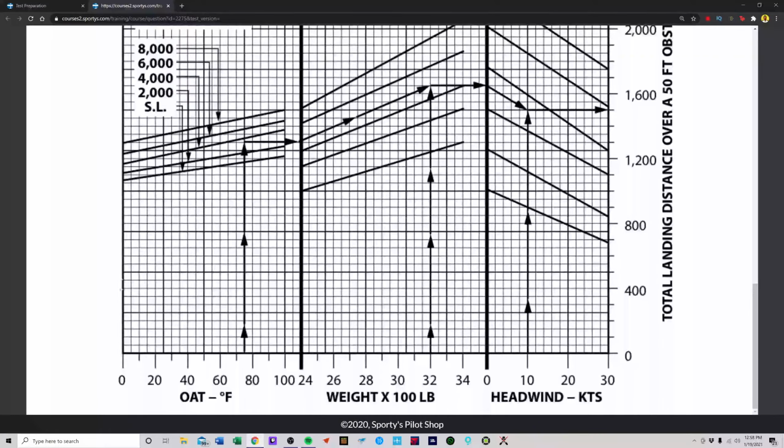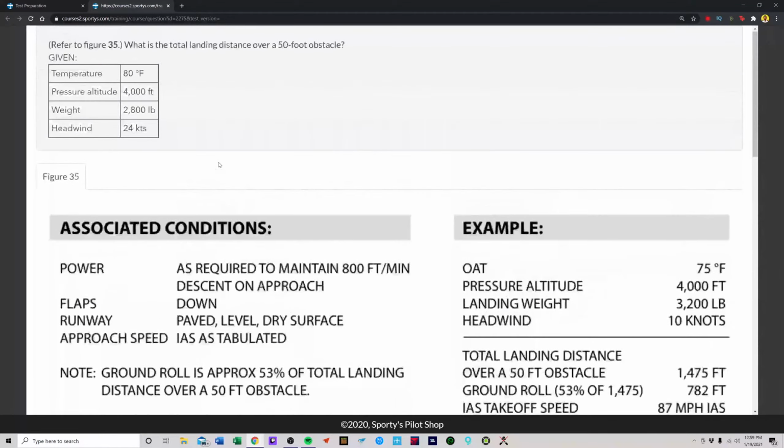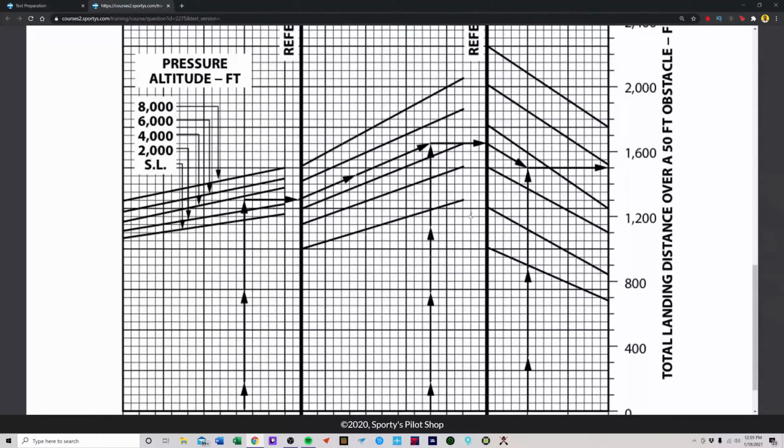84,218. 84,000. So we go to 4,000. 2,800. Up. 28. Over. We're right above the third one. 24. 1, 2, 3. 24.